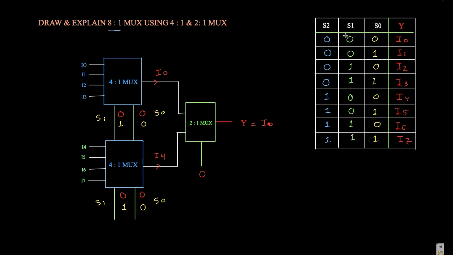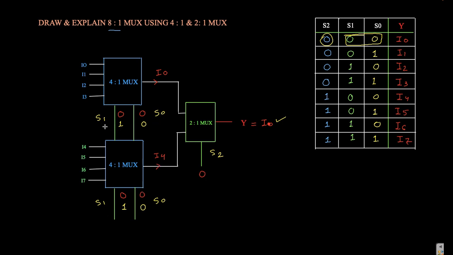For the 0 and 0 combination, both MUX select their first inputs, and S2 is the select line of the final MUX. If it is 0 and 0, I0 and I4 are selected, and if S2 is also 0, then I0 is selected. So we consider these as S0 and S1.